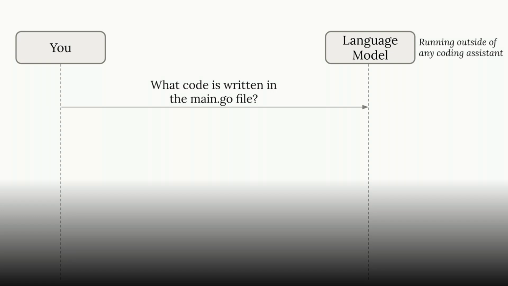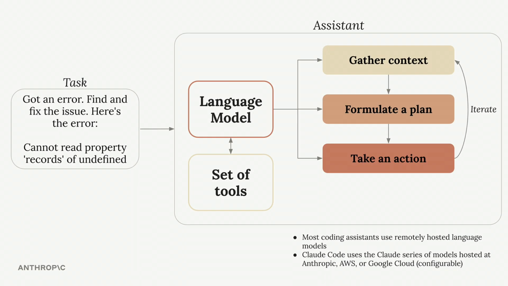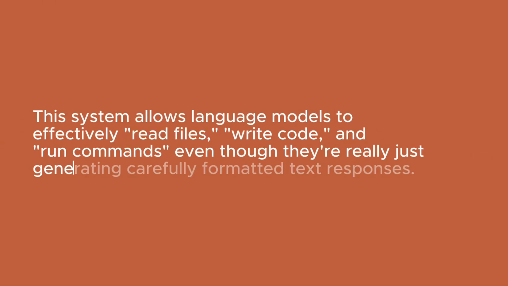Say, read the content inside the main.go file. The language model does not have the capability to read it, but for that particular purpose, most of the companies introduce tools as assistants. So there's a tool in the middle. You type, read the contents inside the main.go file, and you pass it to the assistant.